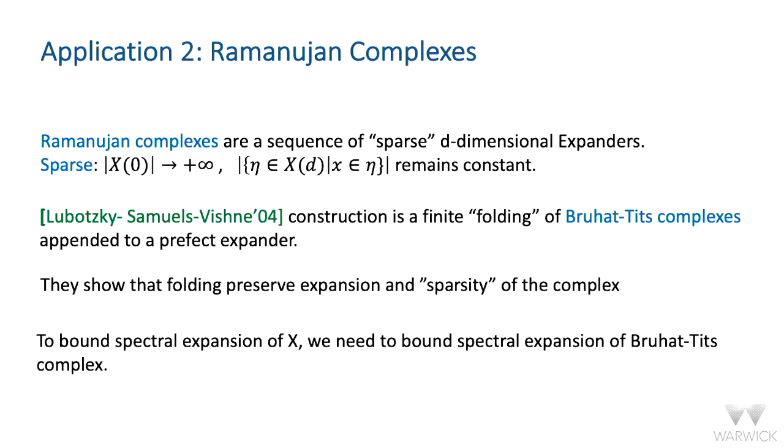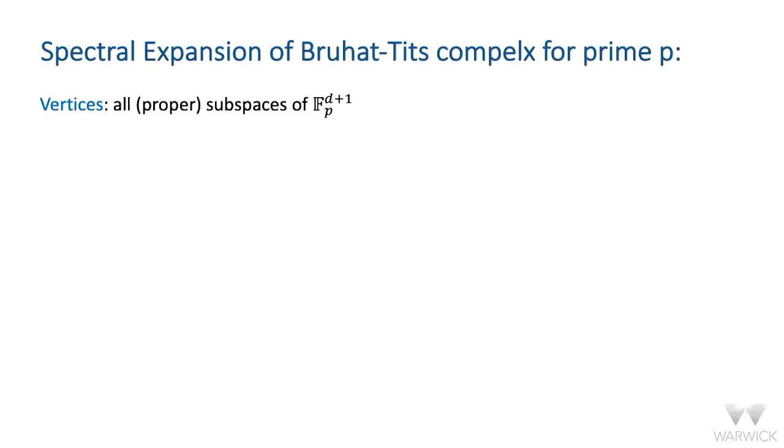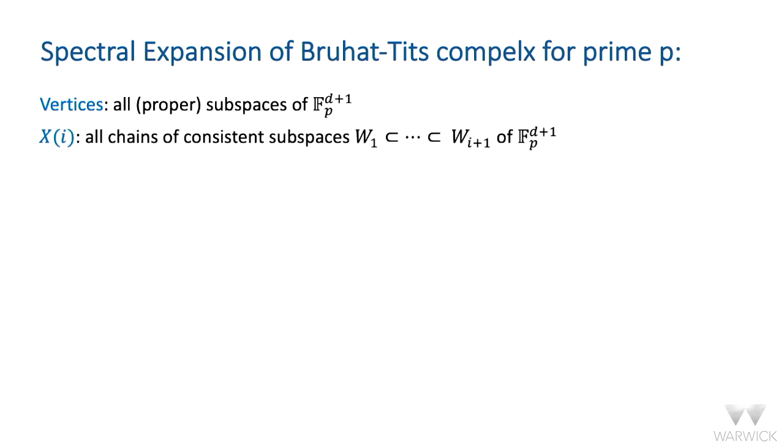So what is this Bruhat-Tits complex? Here it is. You fix a prime P. Your vertices will be all proper subspaces of F_p to the D, or to the D plus 1. Faces of dimension i will be any chain of consistent subspaces, W1, W2, up to W_{i+1}.